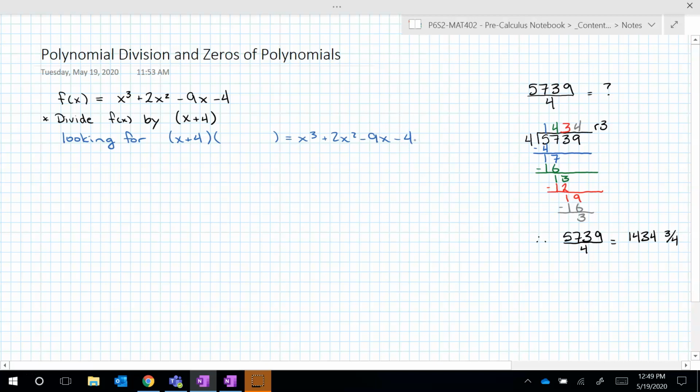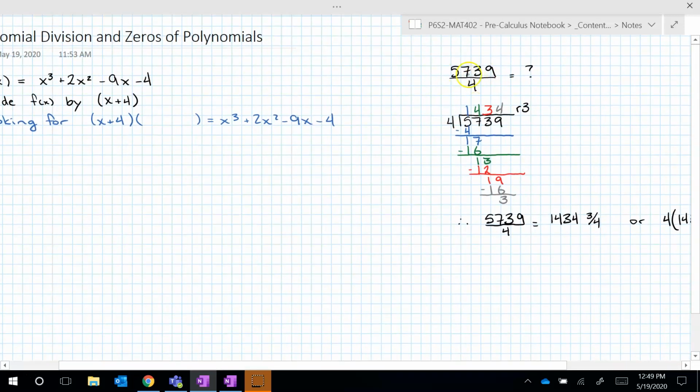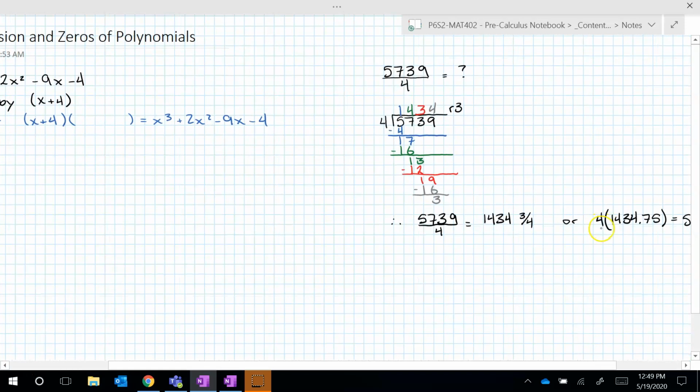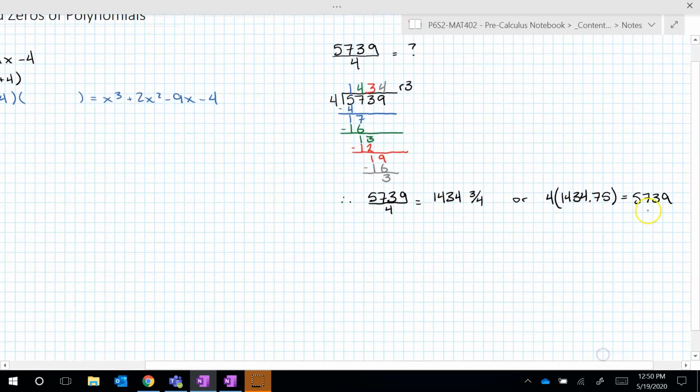And you've done this before back in middle school with just large integer values. Like, how would I do 5,739 divided by 4, and you do this whole long division process. Anytime you're doing division, something divided by something else, you're trying to figure out what times the thing you're dividing by would give you the original number.